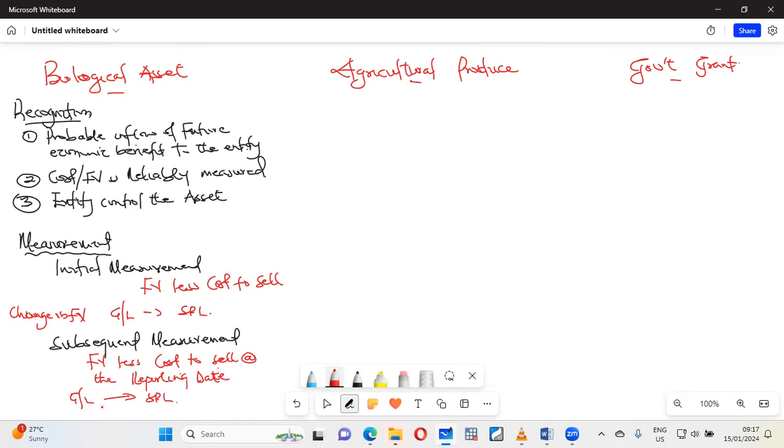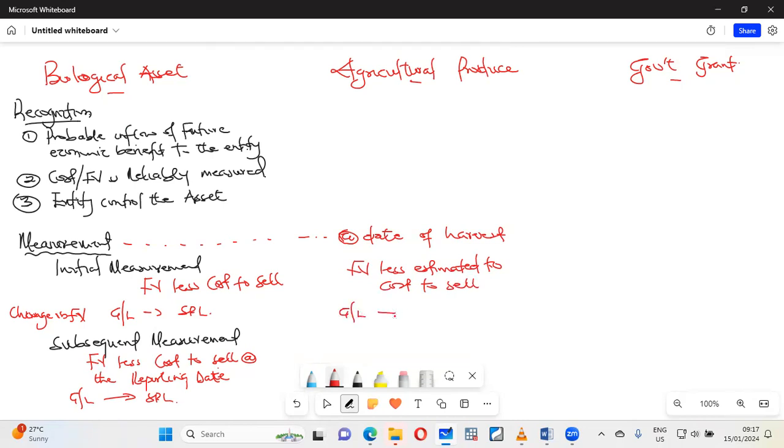Again, what you should also know is that in terms of the agriculture produce, the initial measurement at the date of harvest, you will also be measuring it at fair value less estimated cost to sell, so that any change in fair value, you get your gain or loss and it will go to where?